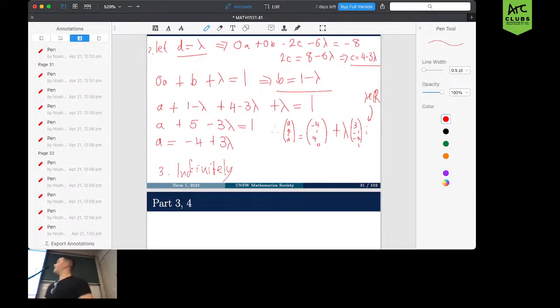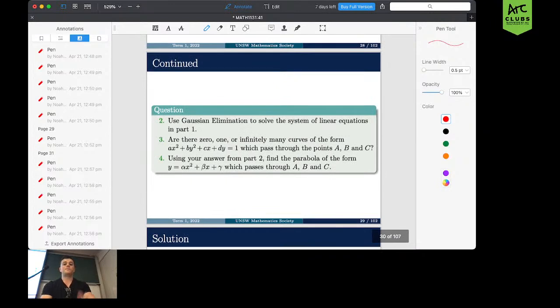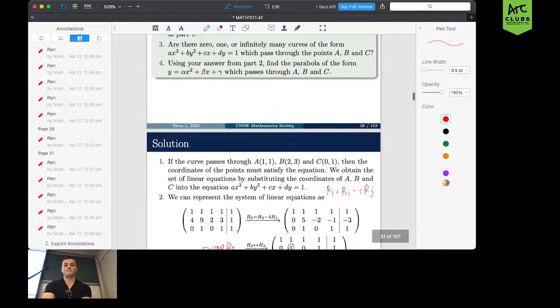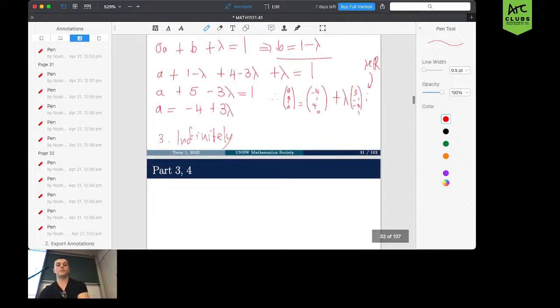And then part 4 is asking us to find a parabola of the form this, which passes through A, B, and C. So what we do is we say, well, here's what we know. We know that A, B, C, and D is equal to this thing here, right?